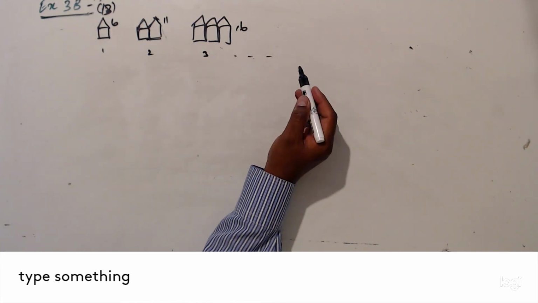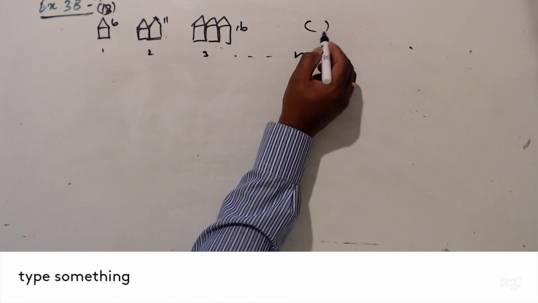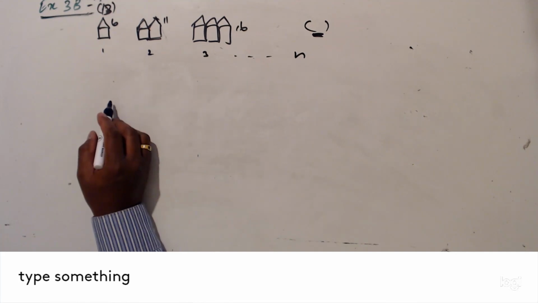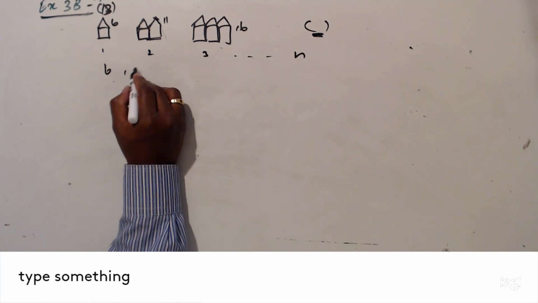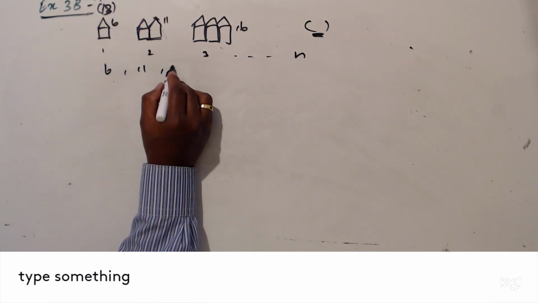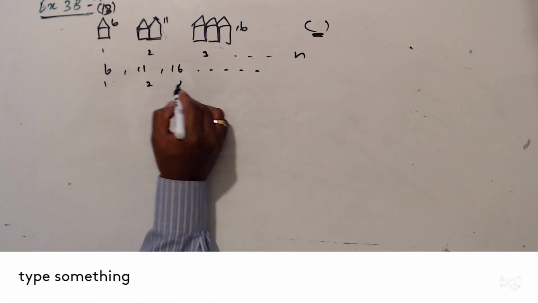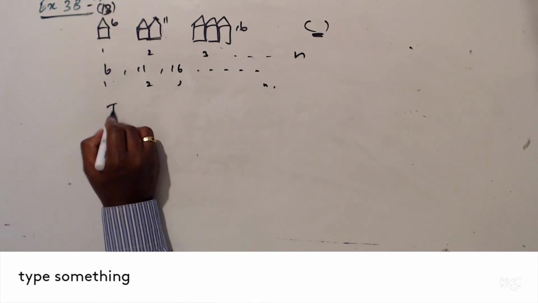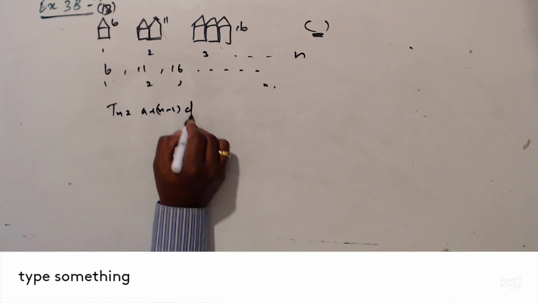Part A asks for the nth row, how many sticks you need. So basically this is 6, 11, 16: first term, second term, nth term. The nth term is Tn equals a plus n minus 1 d.